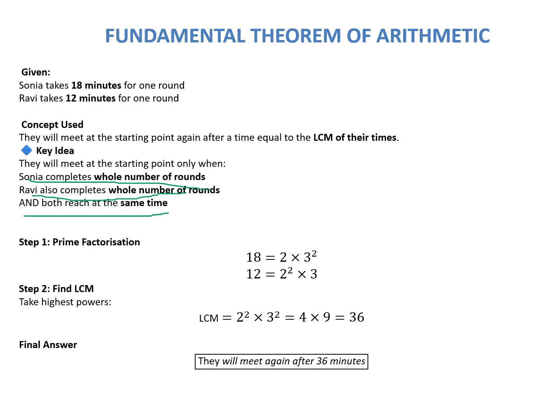They have to complete the minimum number of rounds before they meet, and hence we have to find the LCM. So when we calculate the LCM, we do the prime factorization of 18 and 12, and the LCM is 36, which means that they will both meet after 36 minutes. So we'll move to the next slide.